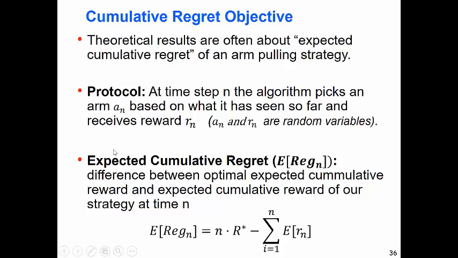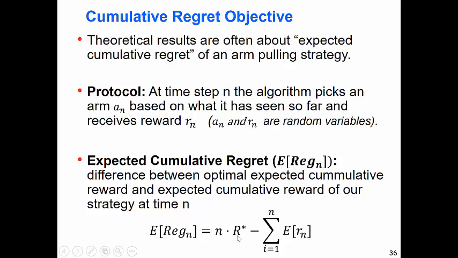So the expected cumulative regret, which we're going to write as Regret_n, after n pulls, is this. n times r star is the reward of the maximum arm. So this is the expected cumulative reward if you pull the best arm every time.